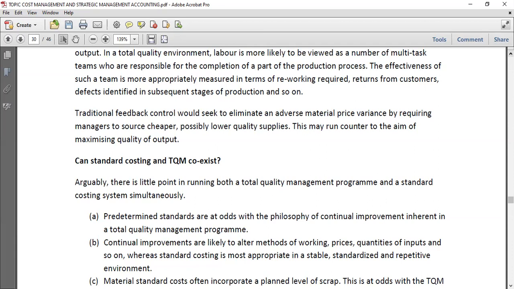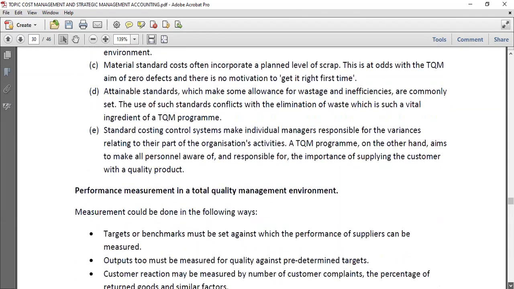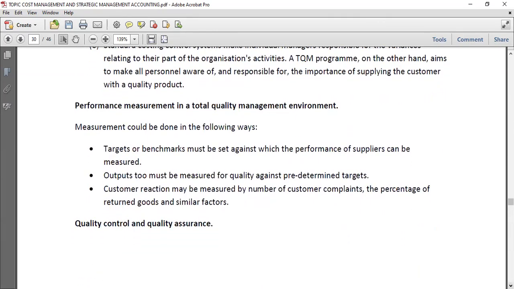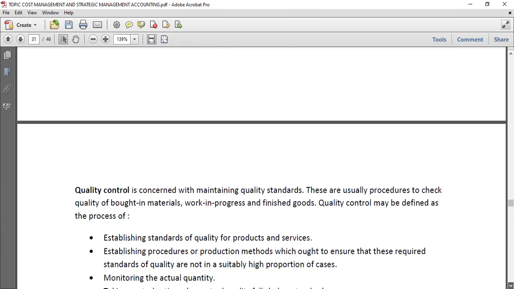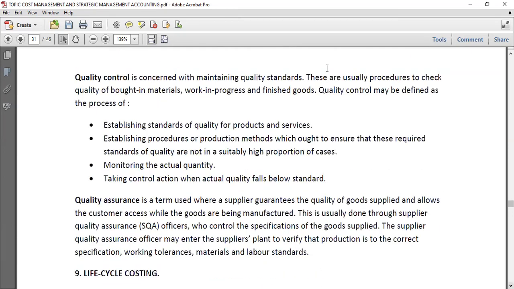And also the effects of total quality management on the organization, like the benefits that we might have. So take time to conceptualize that and see how it all comes into play.